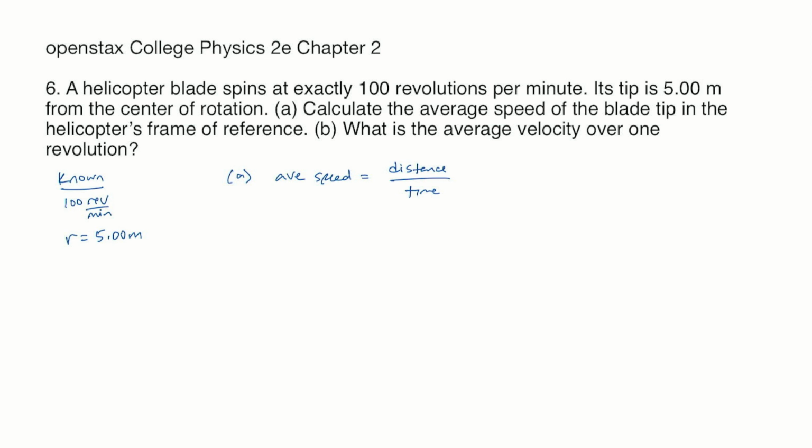And the distance for one revolution is 2 pi r. So we can say we've got 2 pi r per rev. And then for time, we can use t, the time per rev. Okay, and we've got 100 revs per minute.